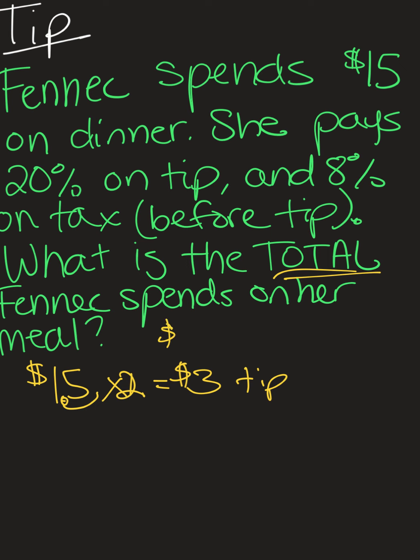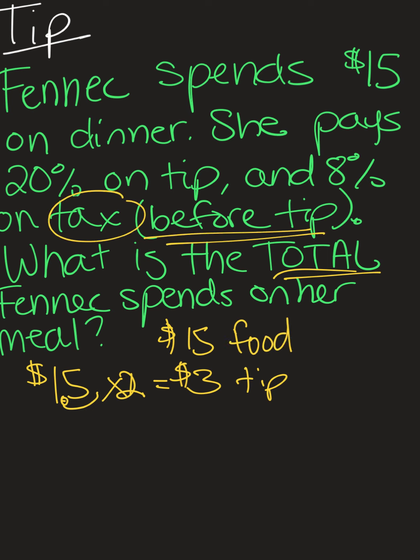Remember, my total is still $15, or my subtotal, I should say, on the food. And then the tax is before tip, okay? So that means I'm going to do 8% before the tip, which means I'm calculating out of 15. So I am going to multiply both sides by 15.